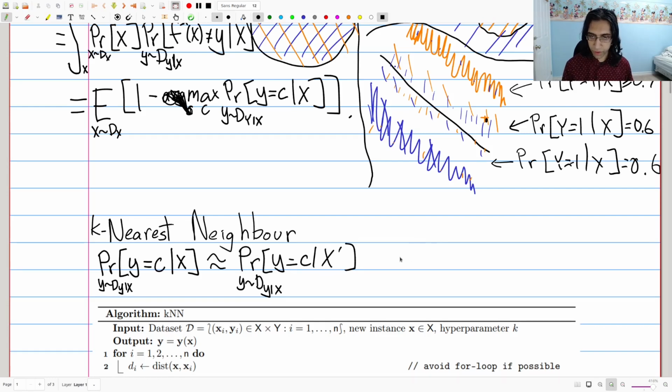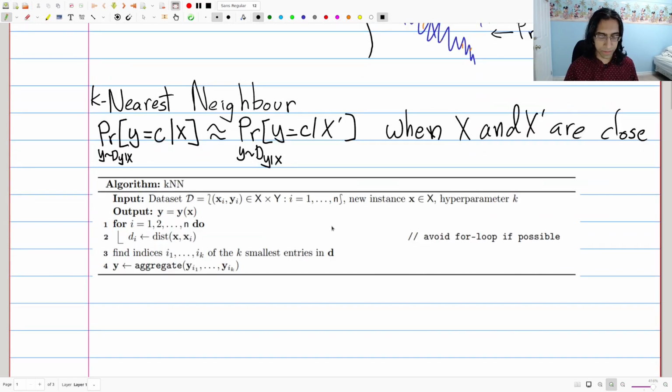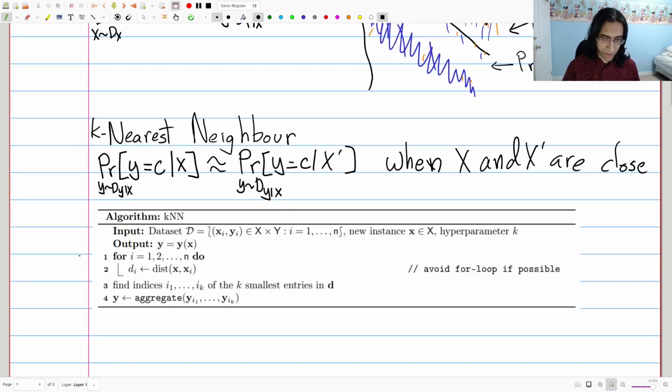These two distributions are close when x and x prime are close. So this is the key principle and assumption we're implicitly making whenever we run k nearest neighbors, in some sense: that if two points are close in space, then they should have similar label distributions as well. And okay, so that's the principle that we're doing.